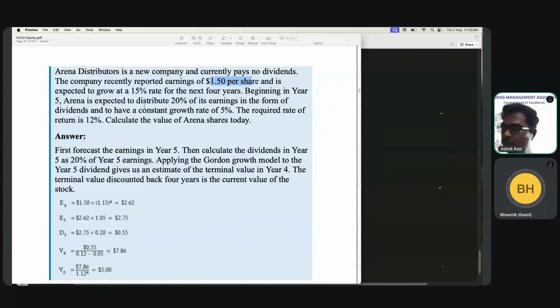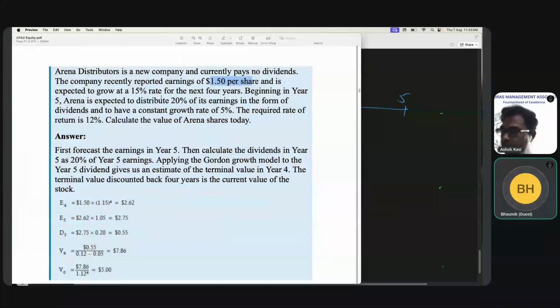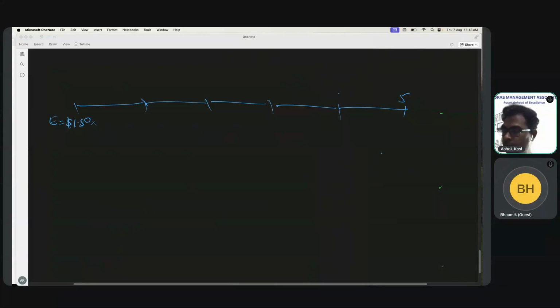Beginning in year 5, it is expected to distribute 25% of its earnings. So this is the fifth one. So we need to know what the earning is here. Now directly you can shift the earnings, 1.50 into 1 plus 15% for 4 years. Just calculate.